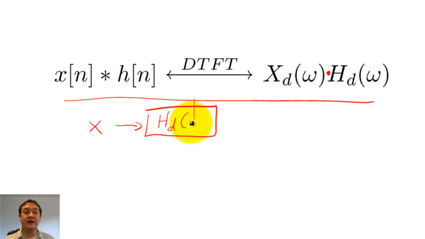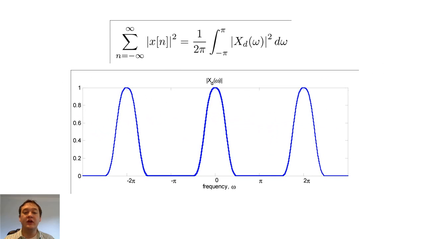We'll discuss h in greater depth later. Parseval's theorem tells us that we can calculate the energy in a signal by using either the discrete time signal or its DTFT. For both these properties, you want to look at the DTFT and the discrete time signal, and use whichever one will be easier for you to calculate.